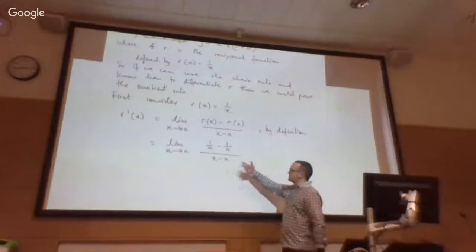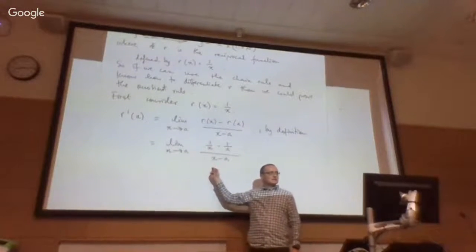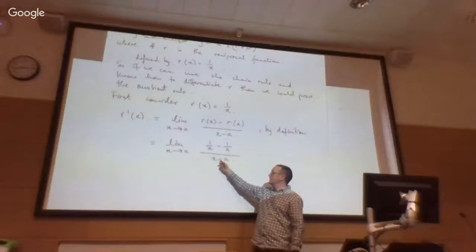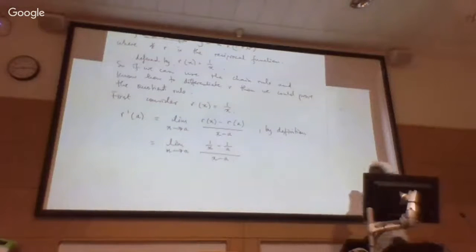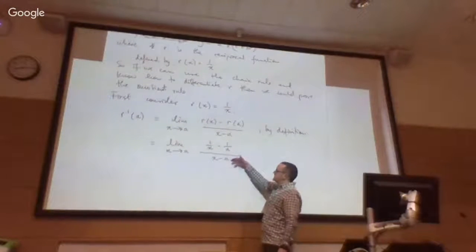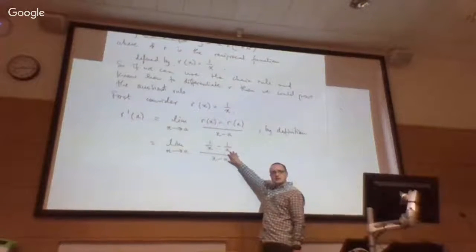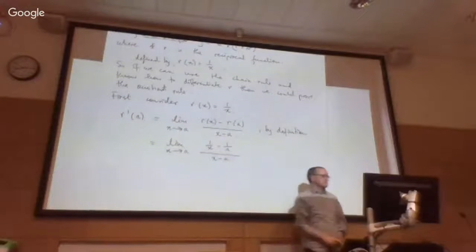Now, you can't just evaluate this limit by substituting x equals a into this expression here, because first of all, you'll have a 0 on the bottom, and you'll have a 0 on the top as well. So you can't make sense of that limit directly. But really there isn't a 0 in the denominator, because if you examine this fraction closely, you'll see that this factor actually cancels out of the top and bottom.